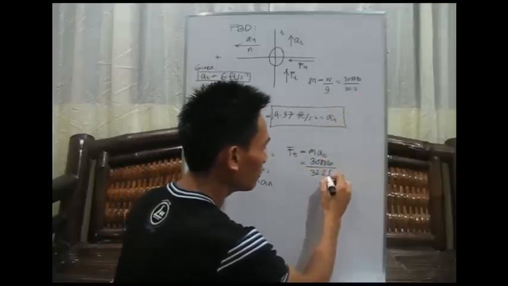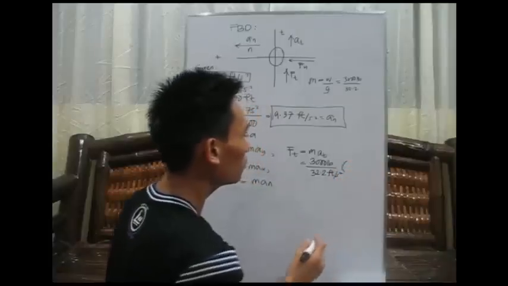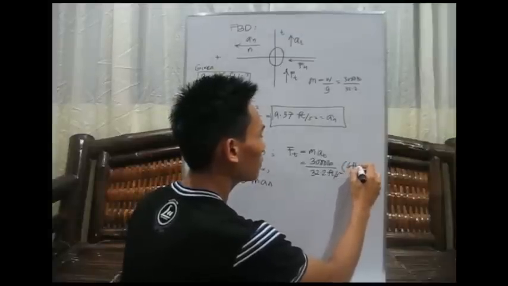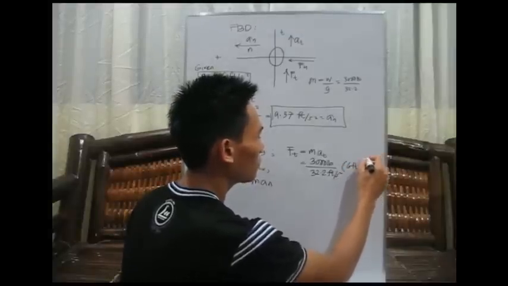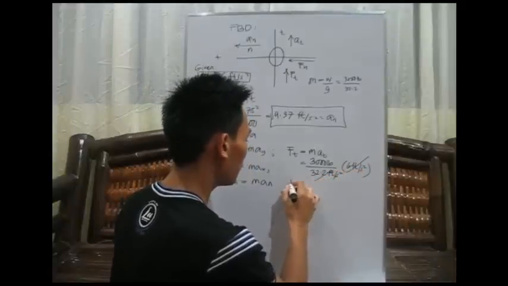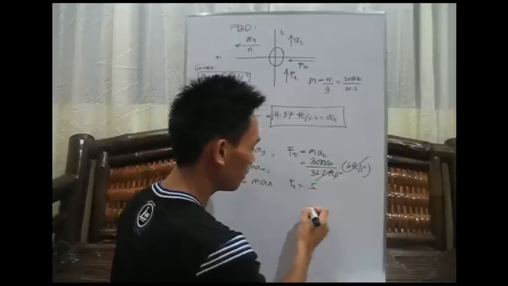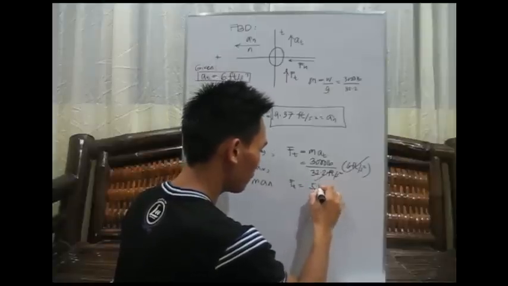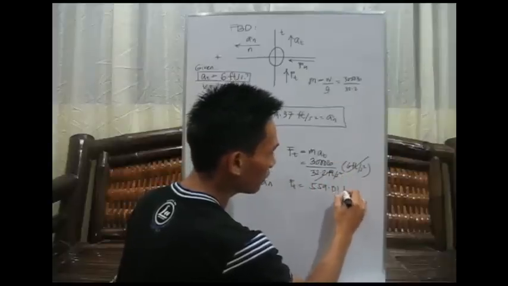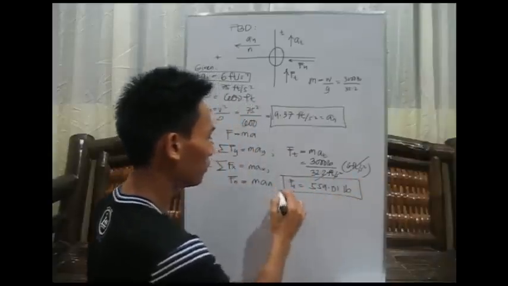Times at, which is 6 feet per second squared. We just cancel the units, so the value of Ft is equal to 559.01 lb. This will be the value of our Ft.